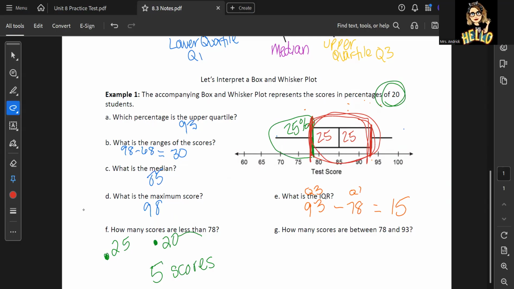So together, we're talking about 50% of the data. And again, there's 20 people, so 50% of 20. Make that a decimal, ignore the percent sign, is 10 people, 10 scores. Okay, so now you'll do the homework, and it's really similar to that.